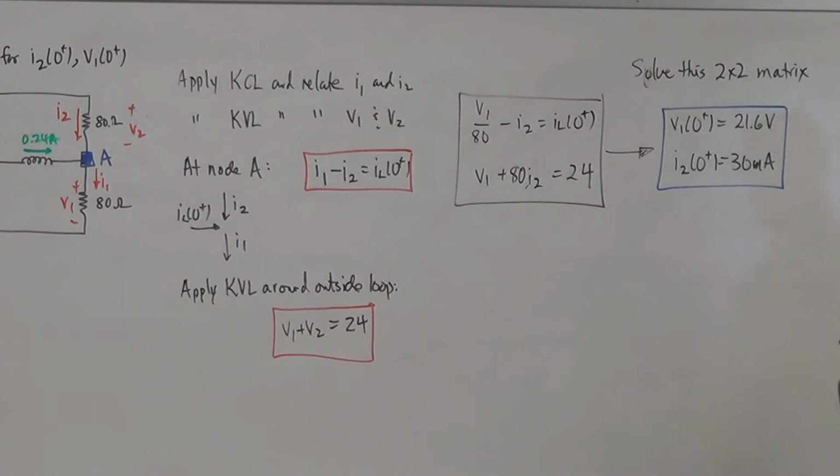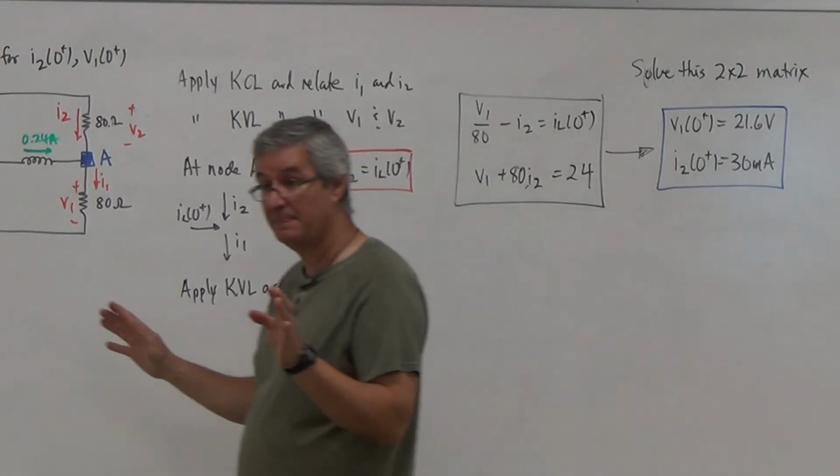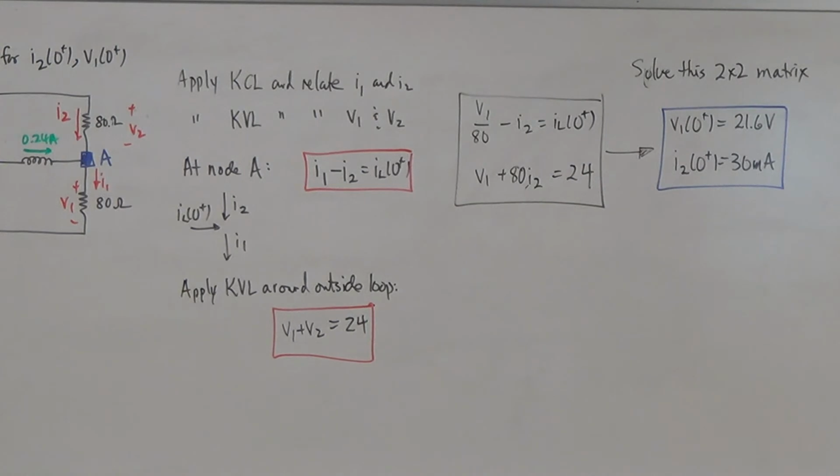So let's say this again. Okay, let's look at this again. I have a circuit. You're always going to have to calculate these terms. Why? Because once the switch gets thrown, it gives you two pieces of information.